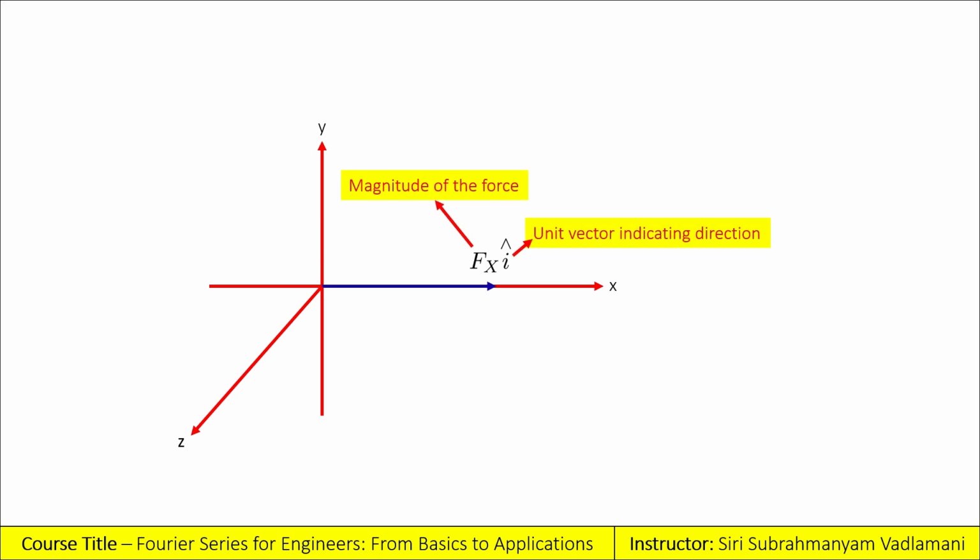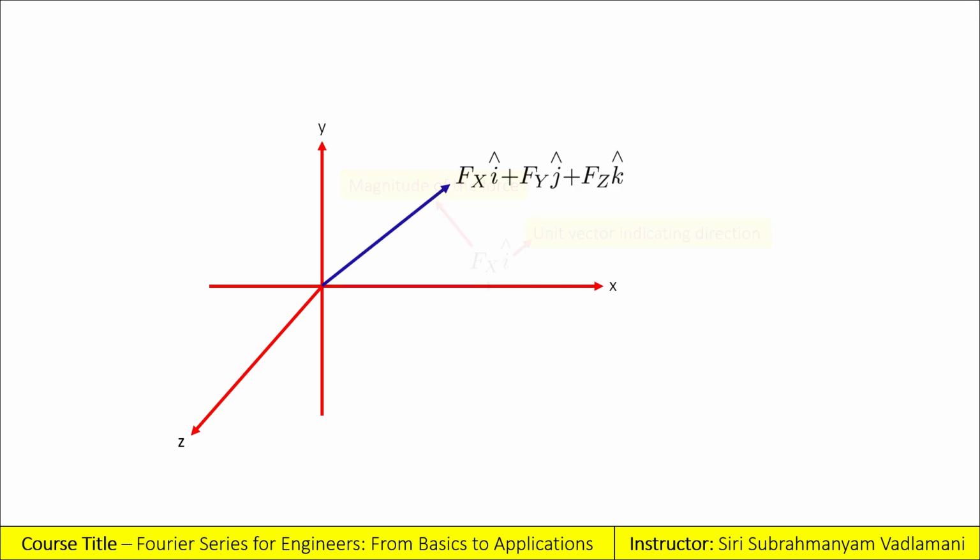Here, Fx denotes the magnitude of the force and i hat indicates the direction. If the force has components along all the three axes, x, y, and z, with each component having a defined magnitude, the vector form of the force is Fx i hat plus Fy j hat plus Fz k hat.